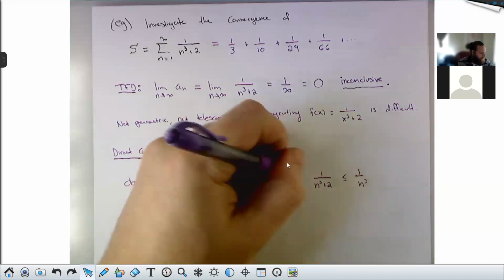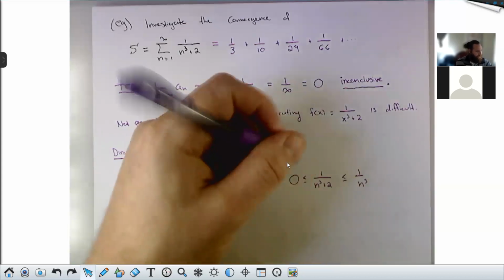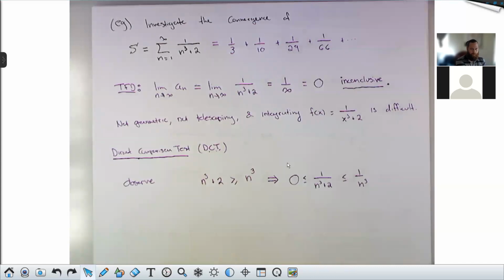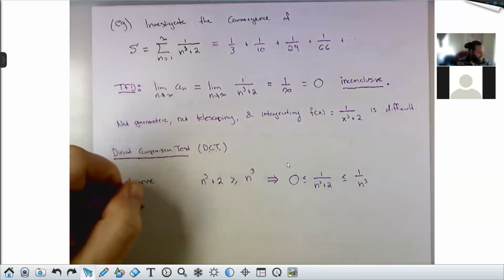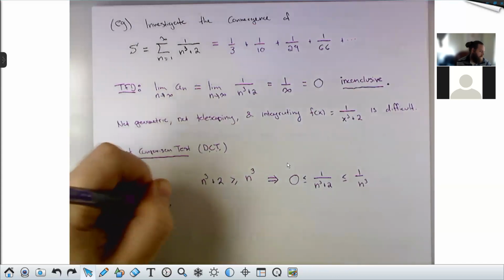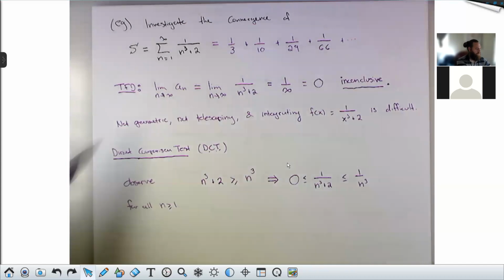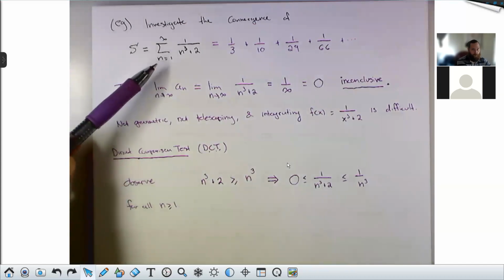And the other thing that's true here, these are positive, right? As long as n is bigger than 1, these are definitely going to be positive. So this is true for all n greater than or equal to 1, certainly, which is where I'm summing. I'm summing from 1 to infinity.